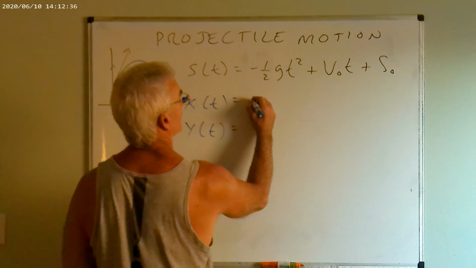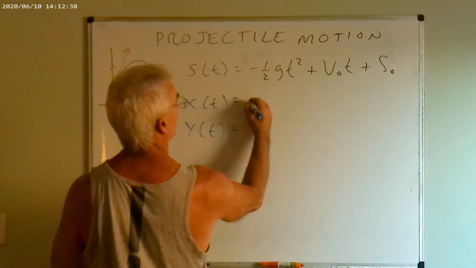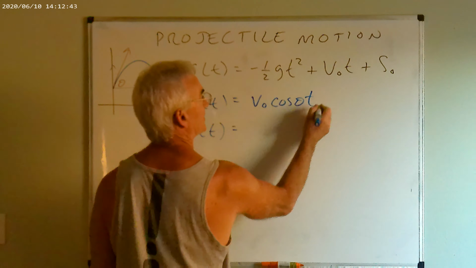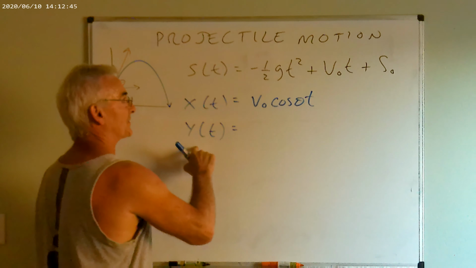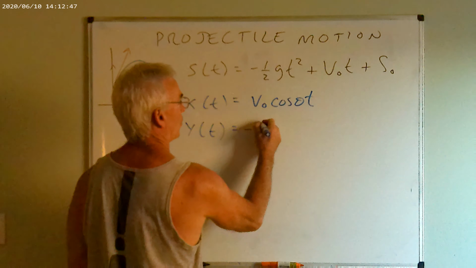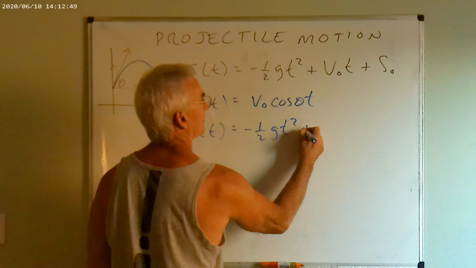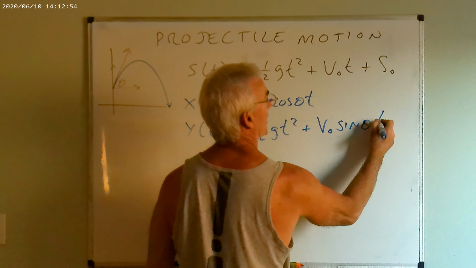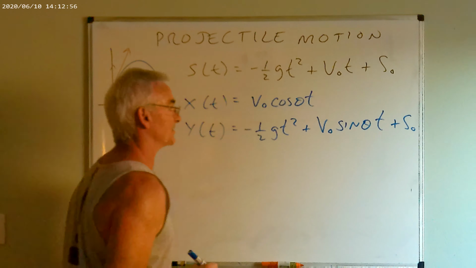So this turns out to be the amount of speed horizontally, which would be v0 times the cosine of theta times time. And this guy here, it's basically the same equation, but v0 times the sine of theta times time, and then plus s0.